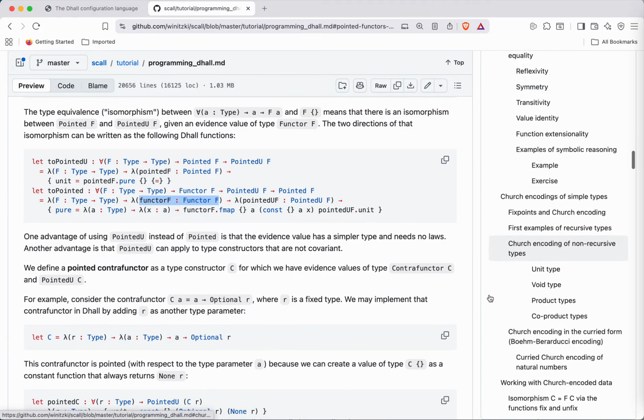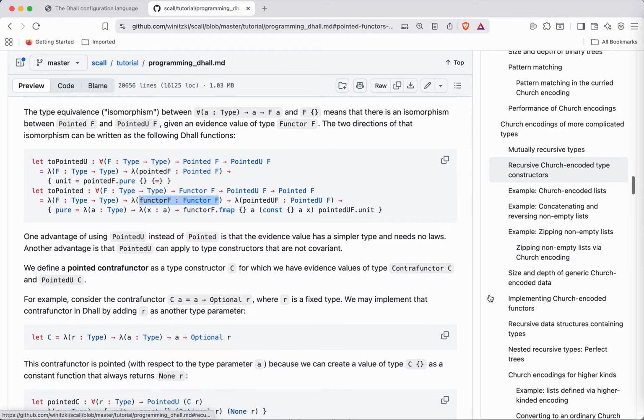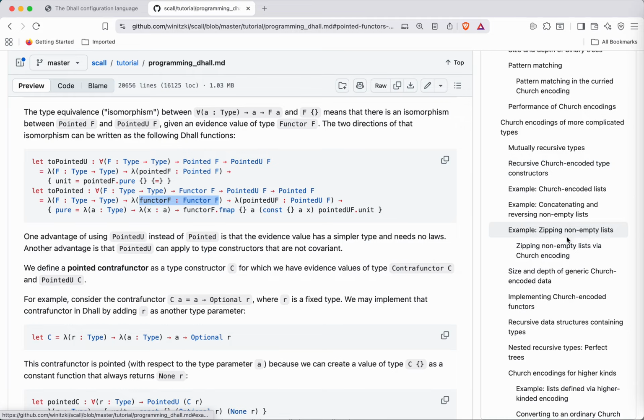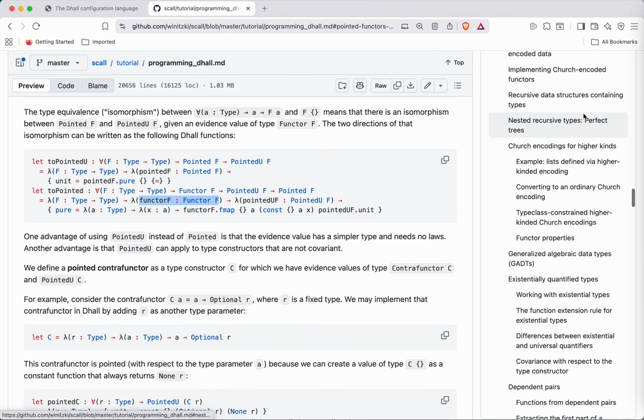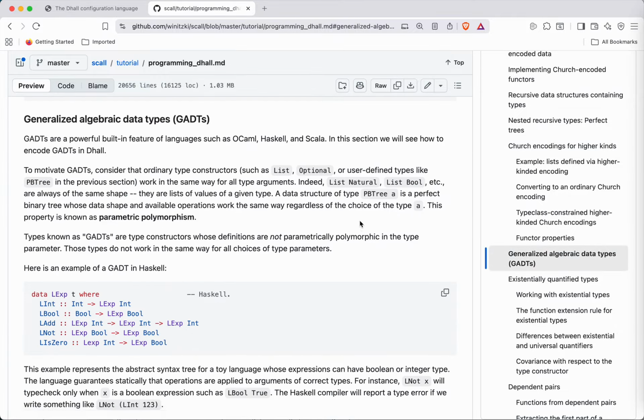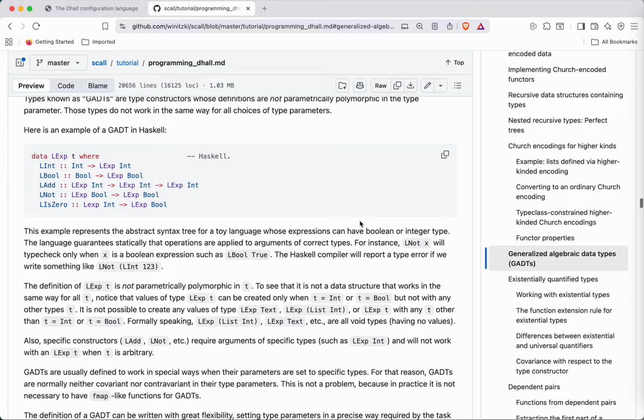I show how to implement the church encoding in all kinds of different situations, in many examples of lists, trees, non-empty lists, empty or non-empty trees, and so on. I also talk about higher kinded church encoding, because that's also necessary for certain situations, especially how to encode GADTs, generalized algebraic data types.